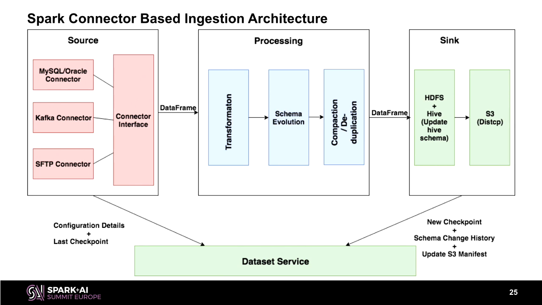The last layer is about compaction and deduplication. This is one of the costliest layers, and this is where we'll probably try to optimize. Let's say you're ingesting from a MySQL source, you may have a record which is getting updated at the source. If you want to keep it in the Hadoop data lake in the same way, then you have to perform that deduplication as well in your processing pipeline.